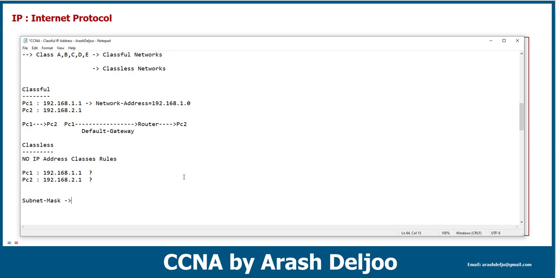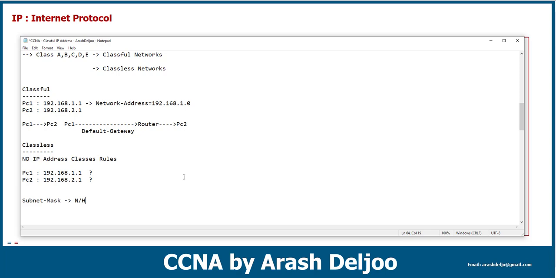The function of the subnet mask is identifying the network part and also the host part. Maybe this is one of the easiest definitions we can give to the subnet mask. With the subnet mask we can find the network part of an IP address and also the host part.